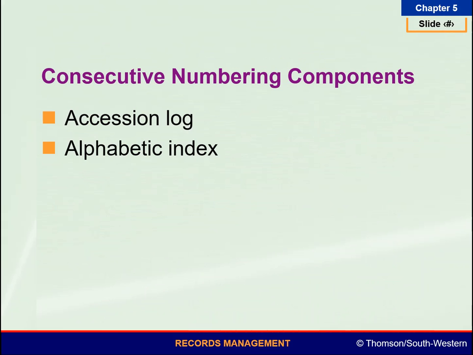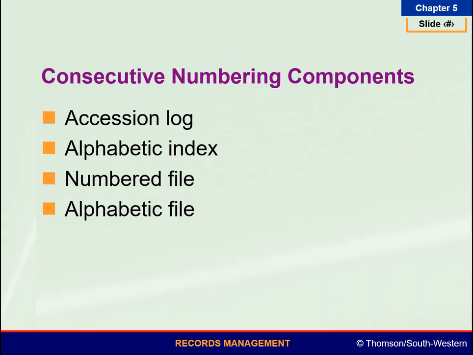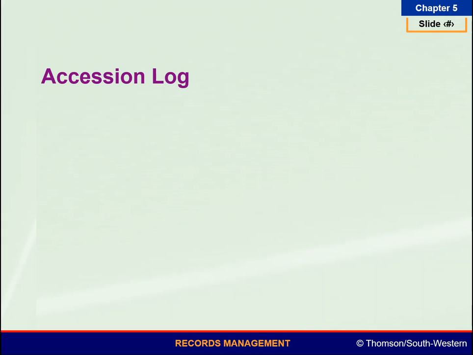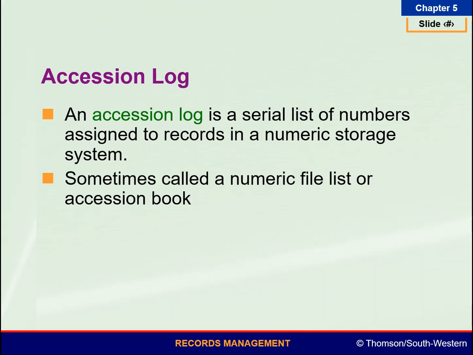The next one is the consecutive numbering components. There are 4 components of consecutive numbering. The first one is ascension log, the second one is alphabetic index, the third one is numbered file, and the last one is alphabetic file. So, what is ascension log?